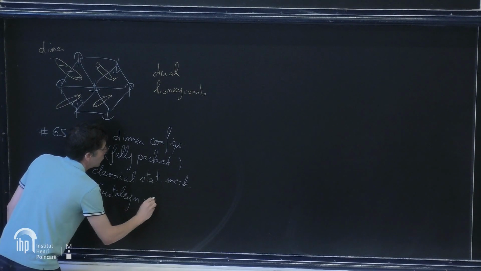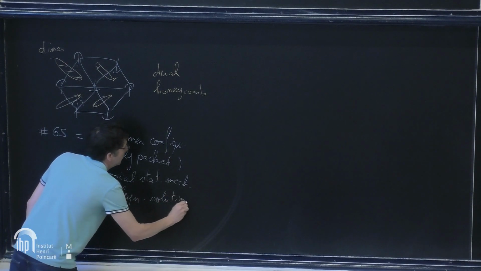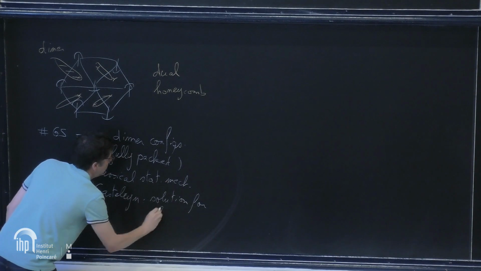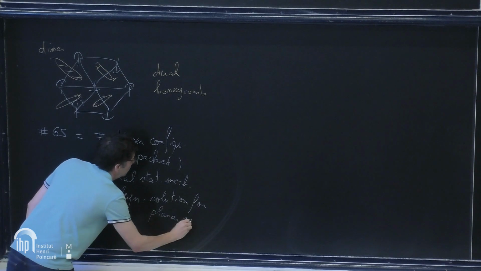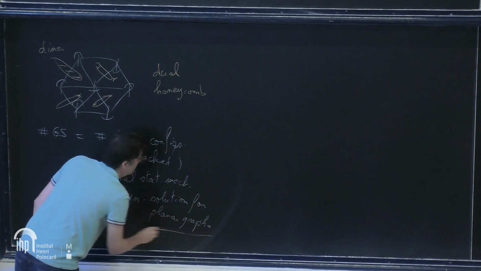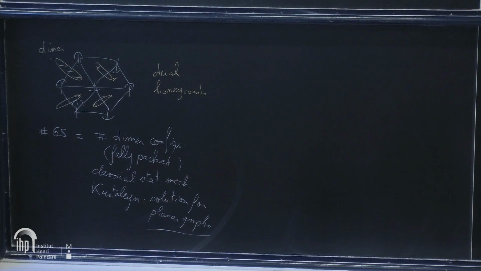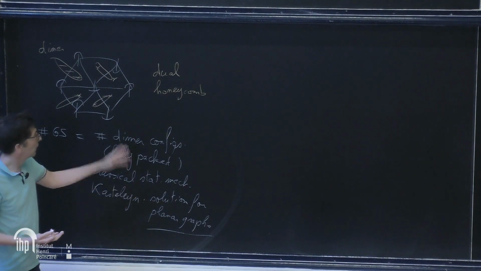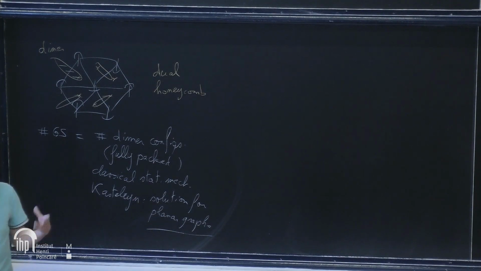There is a solution for planar graphs. So of course, when we draw in 2D, we say, okay, they are planar graphs, so we are very happy. So it means we have a solution for the dimer problem, on honeycomb, triangular, whatever you like.